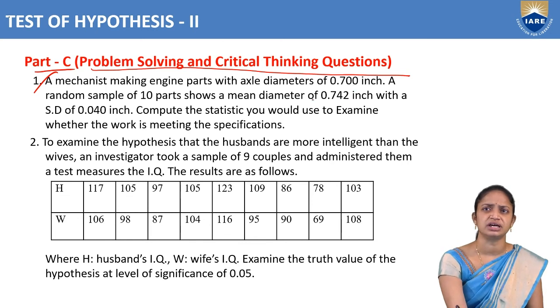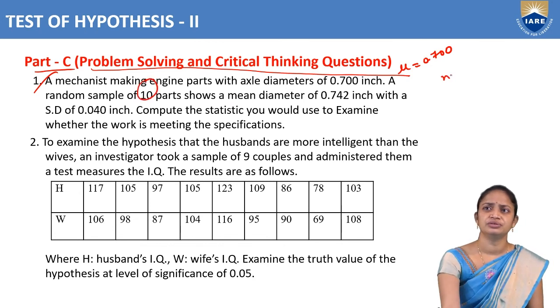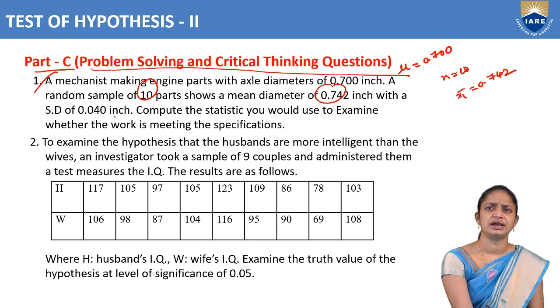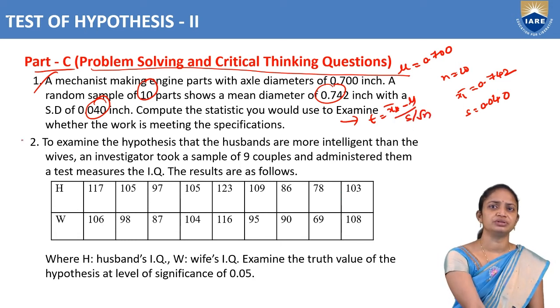Here they have given the mu value, mu equals 0.700, and n equals 10, and x bar equals 0.742, and standard deviation s equals 0.040. So we have to use the t-test for single mean. That means (x bar minus mu) by s by root n formula. Already we have discussed this. Now coming to the second question.